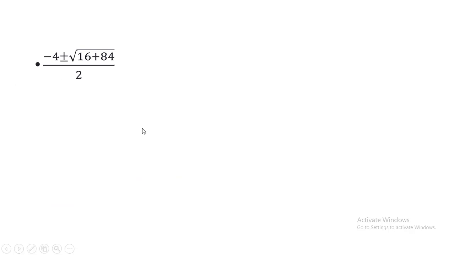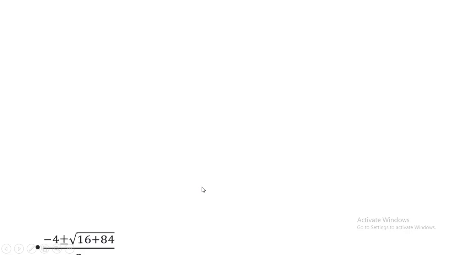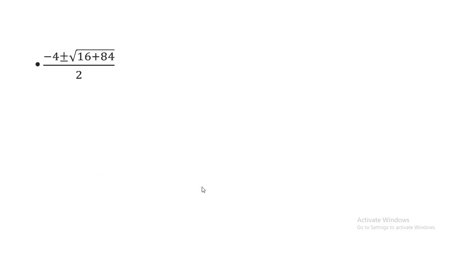After solving that, I get minus 4 plus minus under root 16 plus 84. Why 16 plus 84? 4 square is 16, and minus into minus gives plus, and 4 times 21 is 84. That is what I have written here after simplifying a bit.